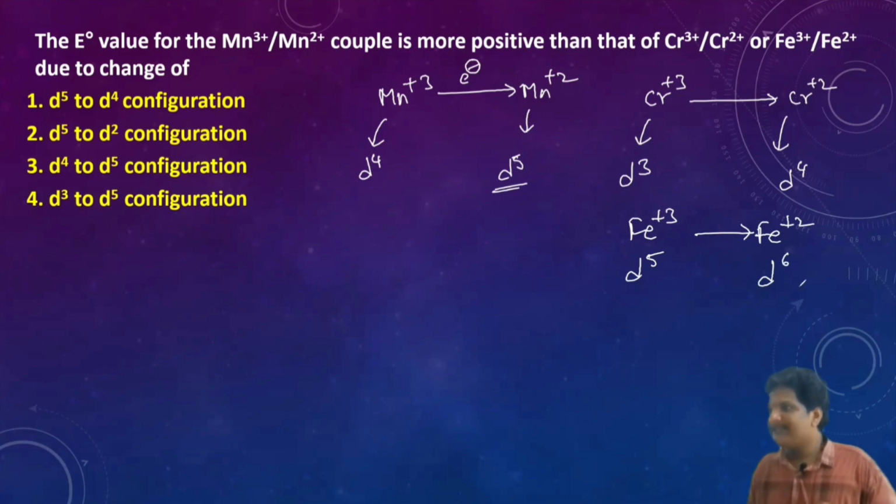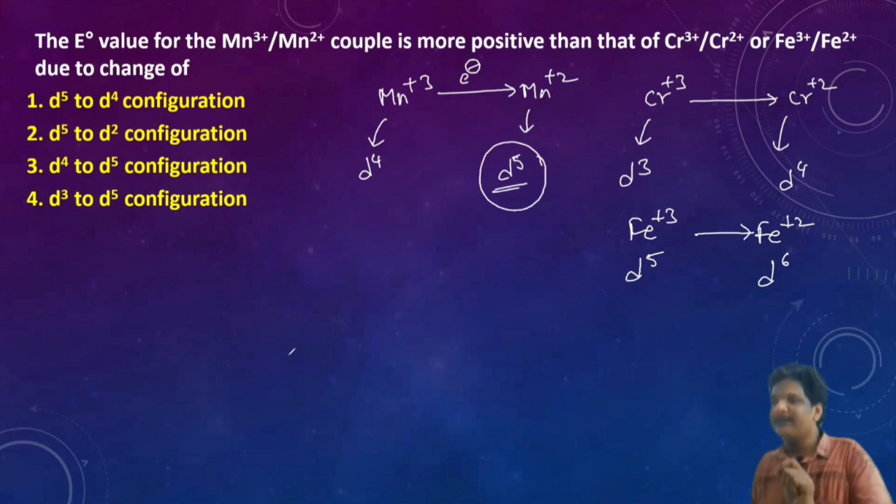So this d6 is less stable. So here we have the higher value of E naught for manganese plus 3 to plus 2 because of attaining stability by getting a half-filled d orbital configuration, that is d4 to d5. This is the reason why the Mn plus 3, Mn plus 2 couple is more positive than chromium plus 3 to plus 2 or iron plus 3 to plus 2.